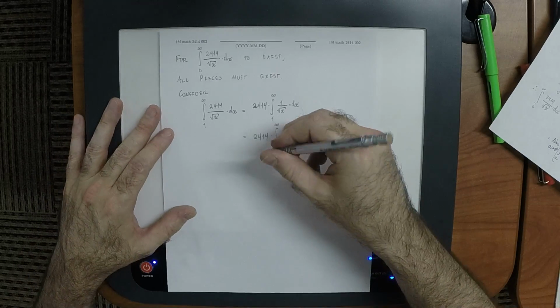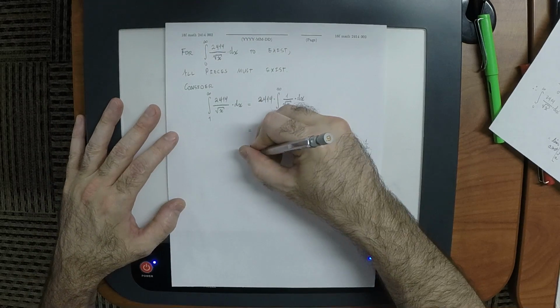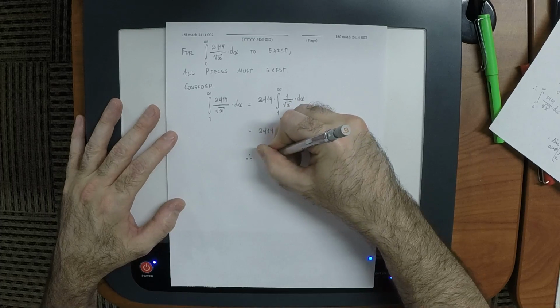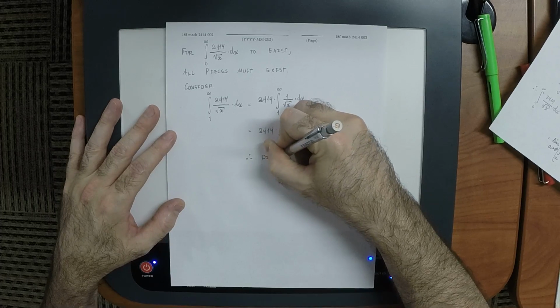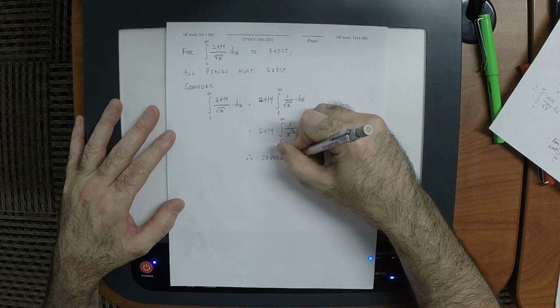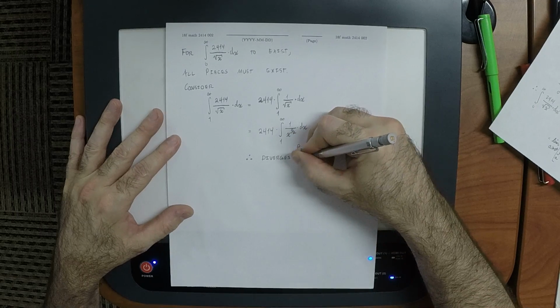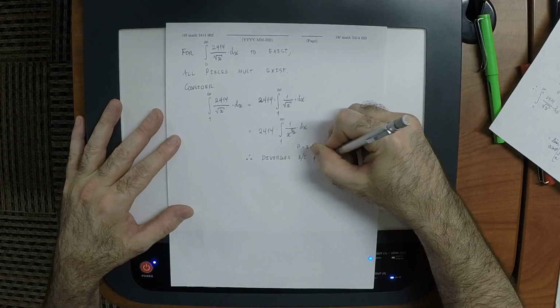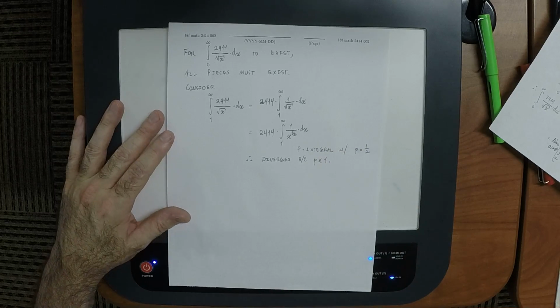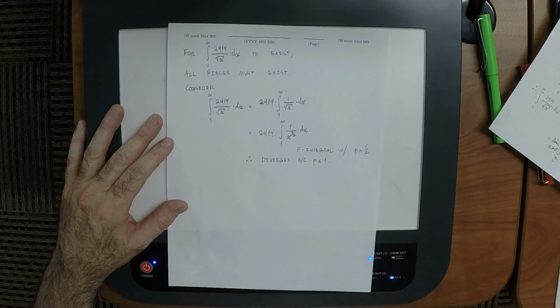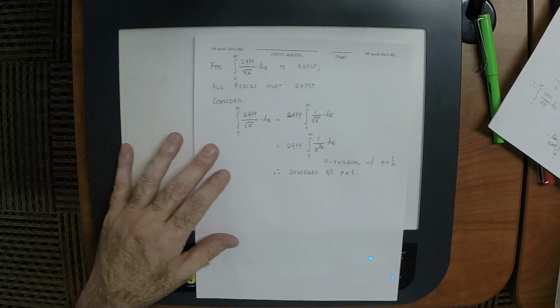So therefore, this diverges because P is less than or equal to 1. All right. So what does that tell us about the original question?